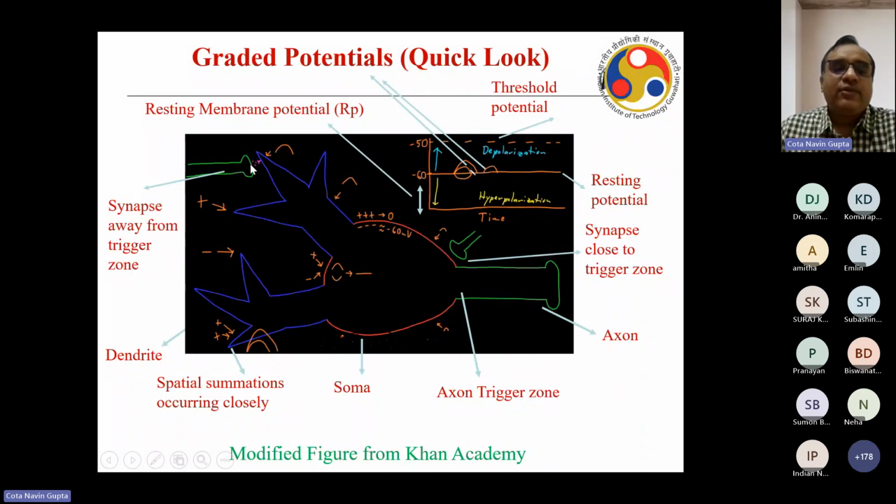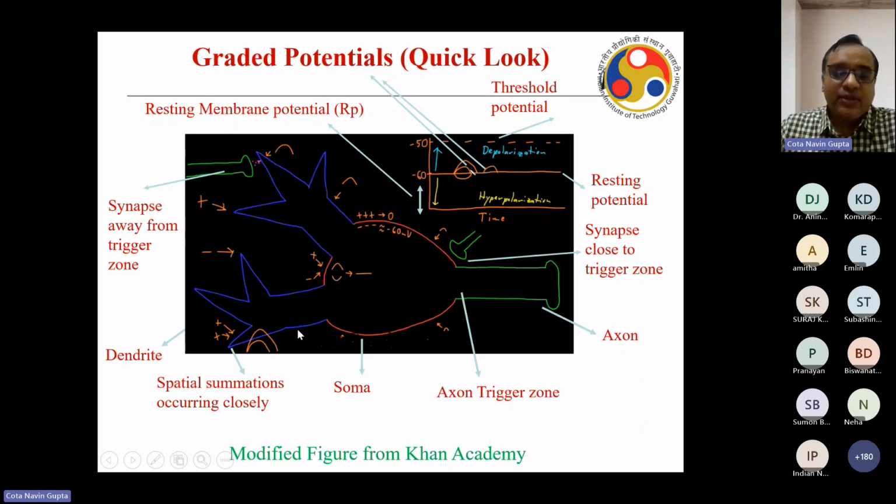Synapses are where the information transfer from one neuron to another neuron happens. Let's say this is one synapse, and you can see another synapse over here also. The inside of the neuronal membrane is minus 65 millivolts and the outside is at 0. This is the resting potential of this neuron.